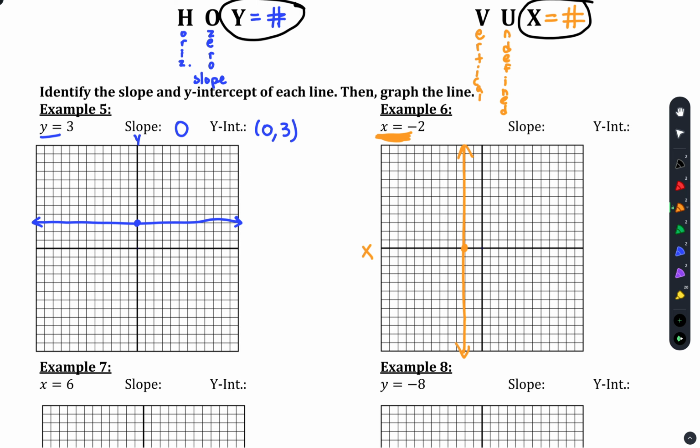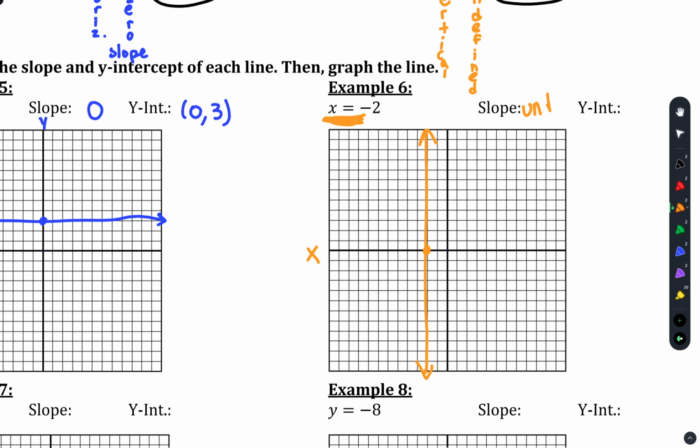What's the slope? What is the slope of this line? Does it have a y-intercept? If this is the y-axis, does it ever cross that y-axis? So sometimes, when it is a vertical line, our y-intercept is none.